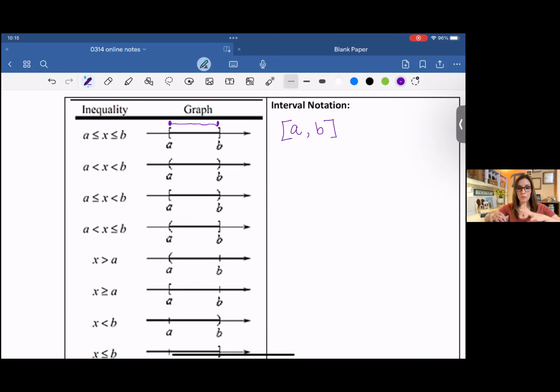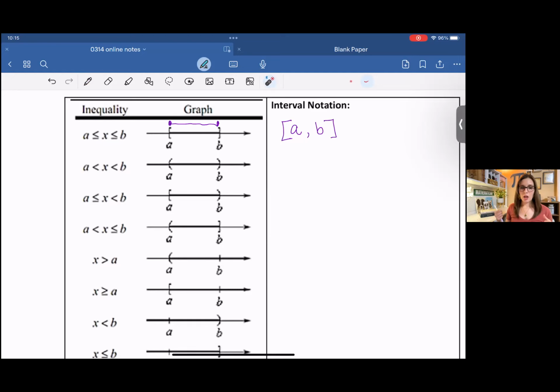So interval notation is a sentence. It's a statement for where our solutions are. We're saying our solutions are in between A and B, where A and B are included in the set. This statement is just a different representation of that, but it's saying the same thing: x is in between A and B, where A and B are included. So if A and B were 2 and 5, then 2 and 5 would also be solutions to your inequality.